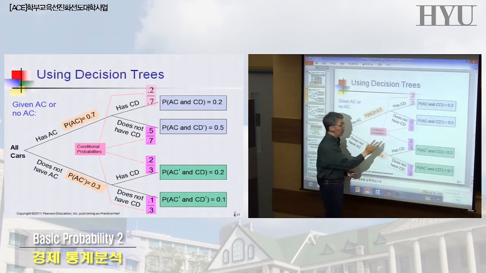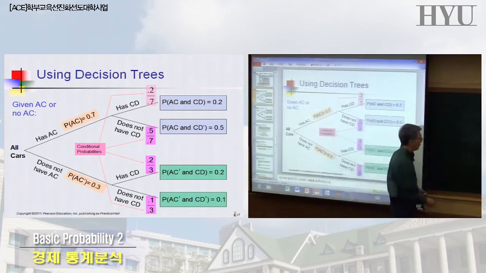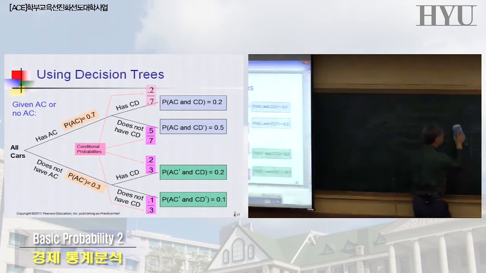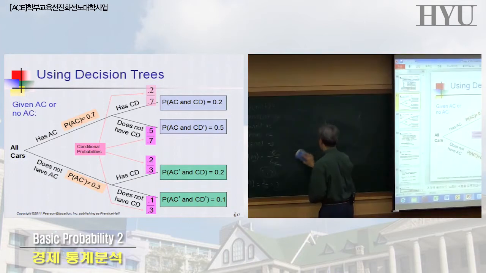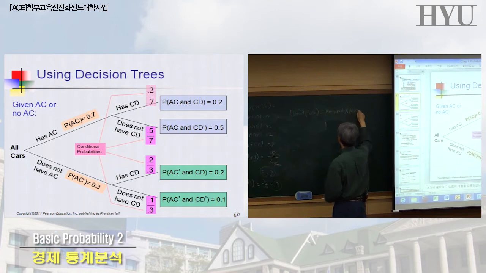So this always works. The joint probability is marginal probability times marginal probability.